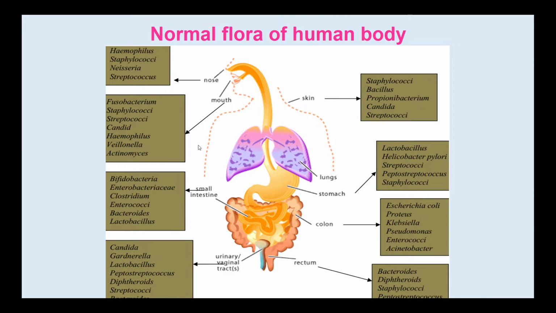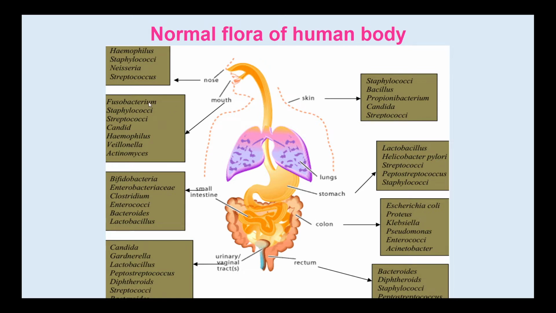For example, usually sites which contact the environment. If we talk about the nose and oral cavity, meaning the mouth, then in the nose there are Haemophilus, Staphylococcus, Neisseria, Streptococcus.